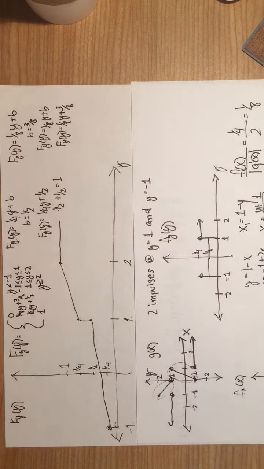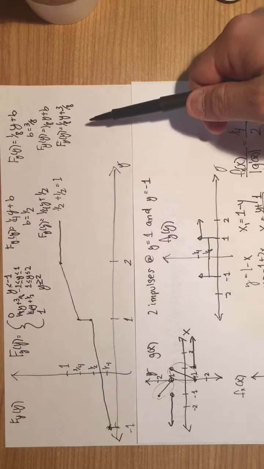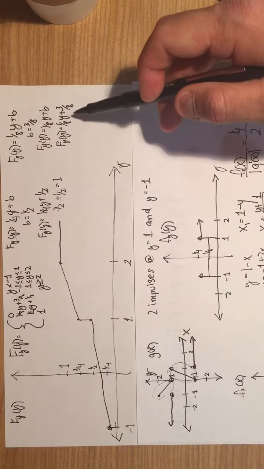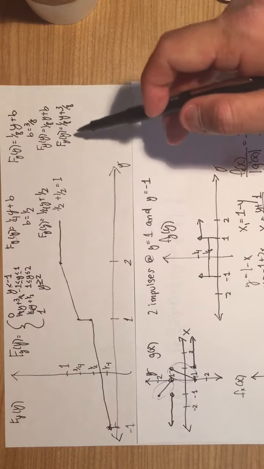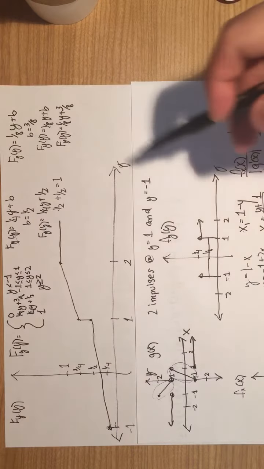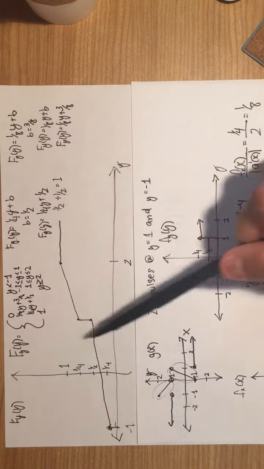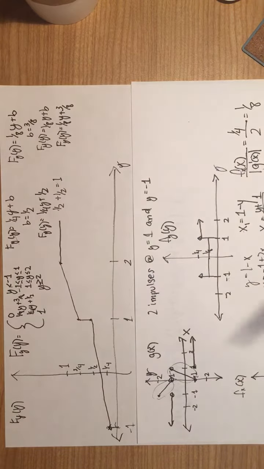I want to find b, the y-intercept, and I found that it was 3/8. I also wanted to find big F of y when y equals 1: 1/8 times 1 is 1/8, plus 3/8 is 4/8, which equals 1/2. So when y equals 1, big F of y equals 1/2. There's my point right there.